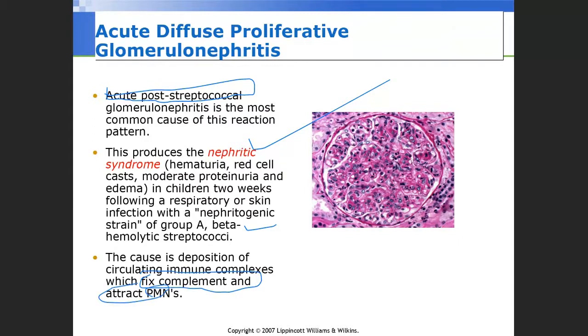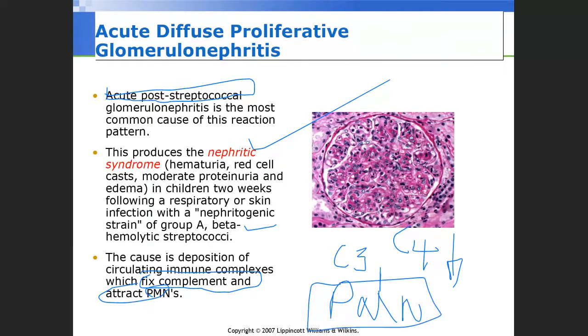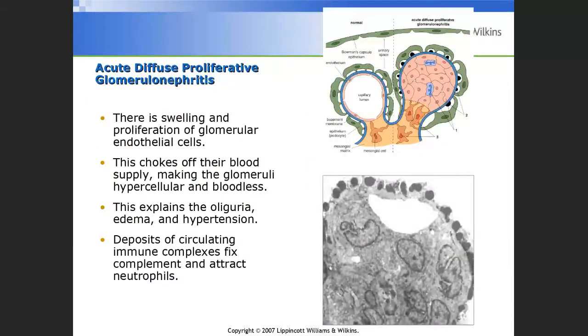So in this post-strep, two additional factors that you see are that C3 or C4 would be low because complement is fixed, and you can also see the presence of neutrophils, polymorphonuclear cells, in this area. So histologically, or on scanning electron micrograph, you would see this.